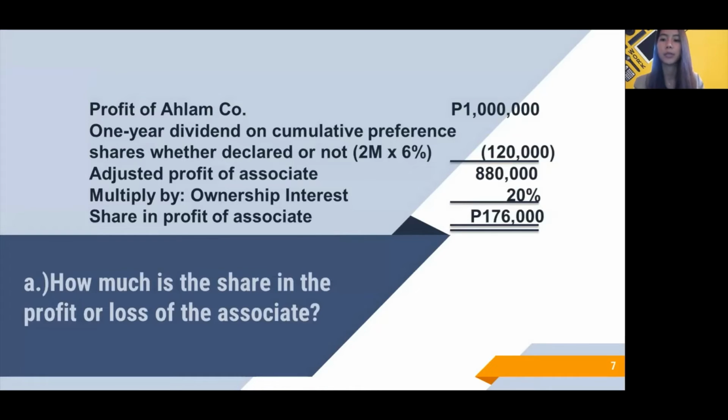So ganito siya i-compute. So the 1 million na profit of alam ko, less natin yung 1-year dividend, which is computed as the 2 million pesos times the 6%. So we will get 880,000 adjusted profit of the associate. And from that, dun pa lang natin i-multiply yung 20% na ownership interest. So to arrive at 176,000 na share in profit of the associate.